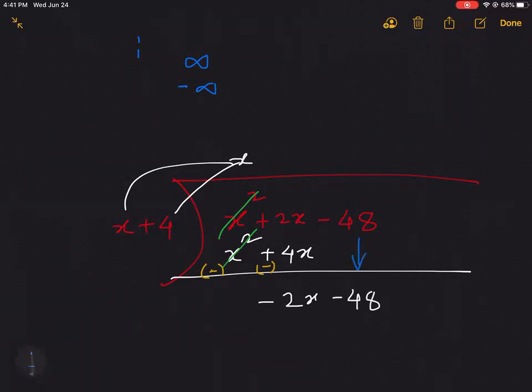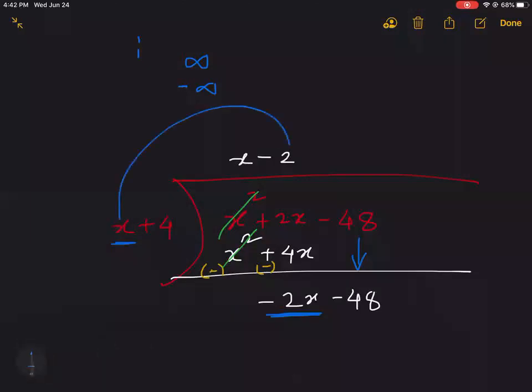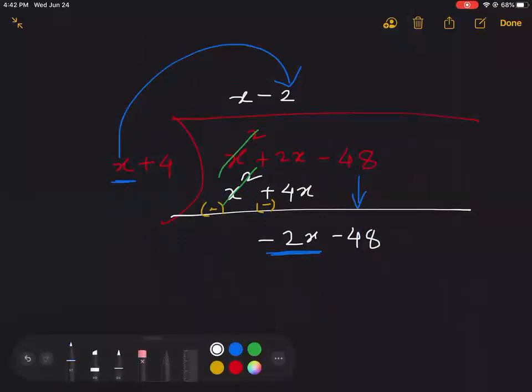Okay, now I'm looking for negative 2x. I have x here. So if I try with minus 2, you can see that negative 2 times x will give me my desired result.